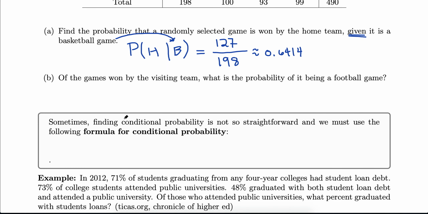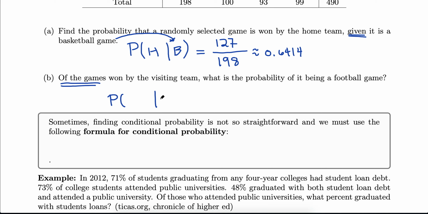Let's check out a second example. It's going to be worded a little bit differently. Of the games won by the visiting team, what's the probability of it being a football game? Think for a moment and figure out what is our given information. Hopefully you noticed that our given information, we're not talking about all the games, we're talking about of those won by the visiting team.